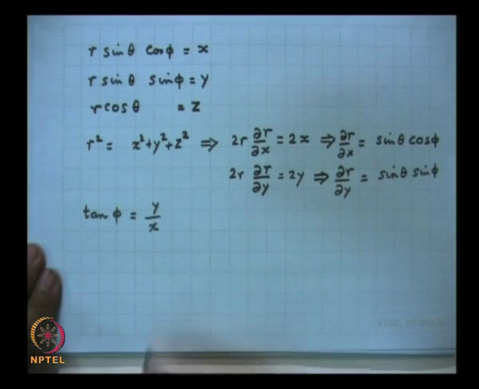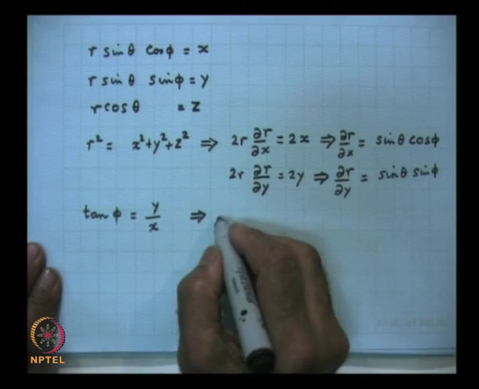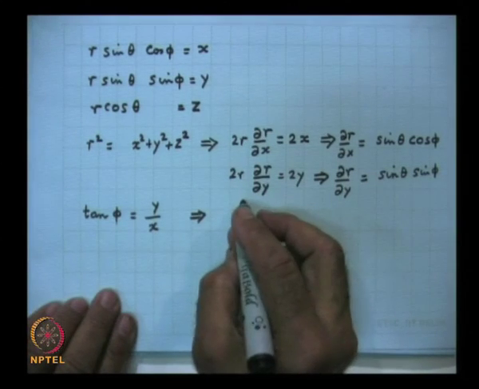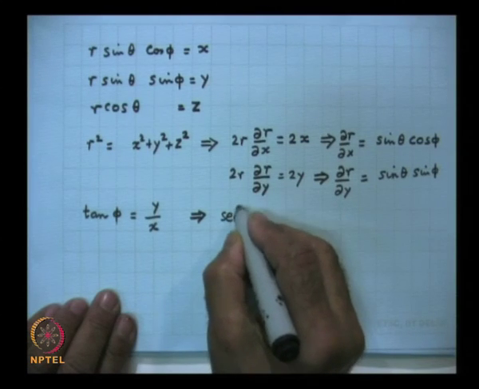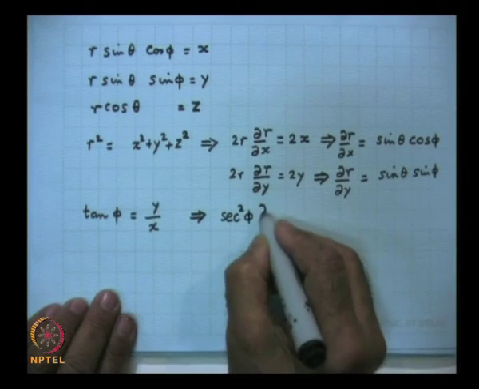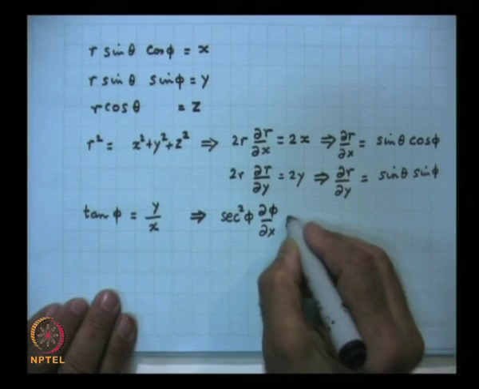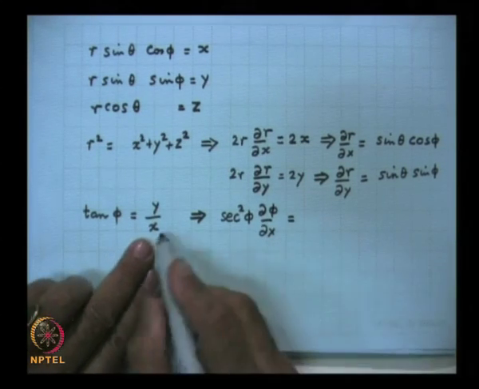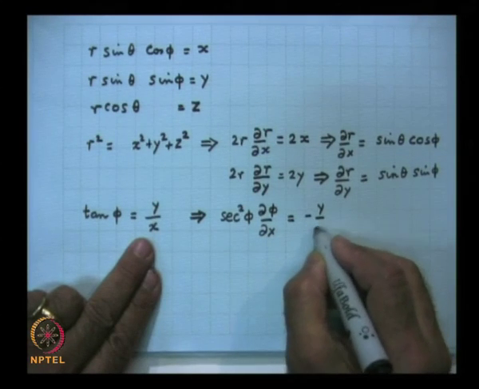If I differentiate this, you will get secant square phi delta phi by delta x, which, if I differentiate with respect to x, will be equal to minus y by x square.